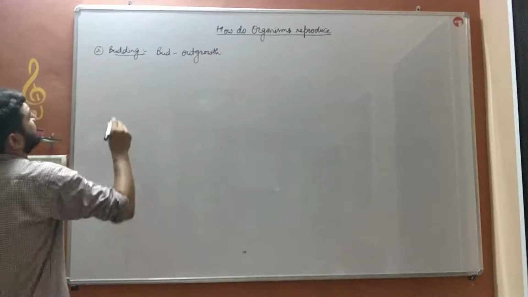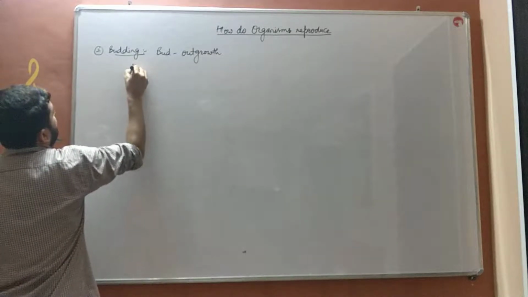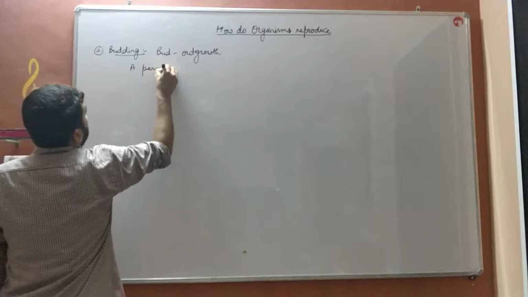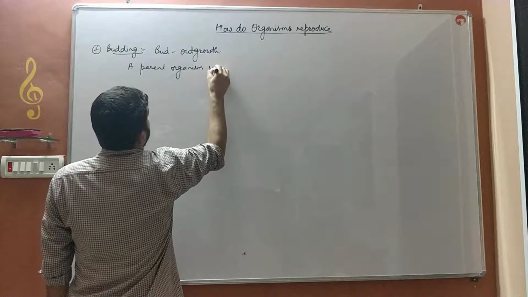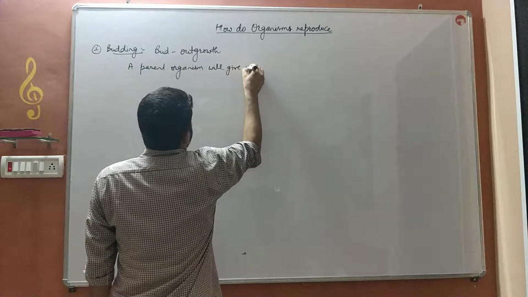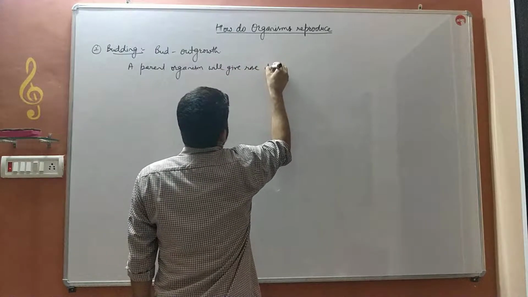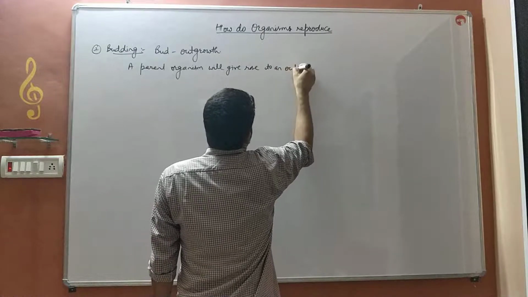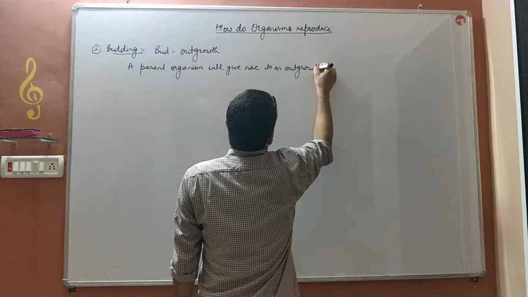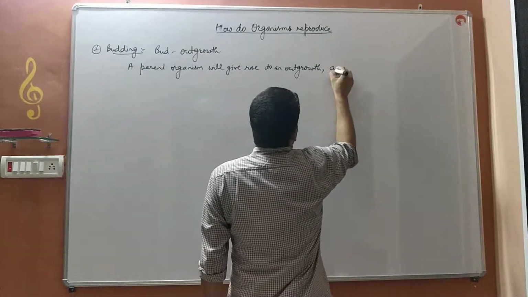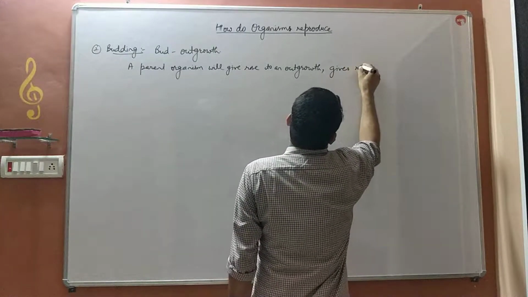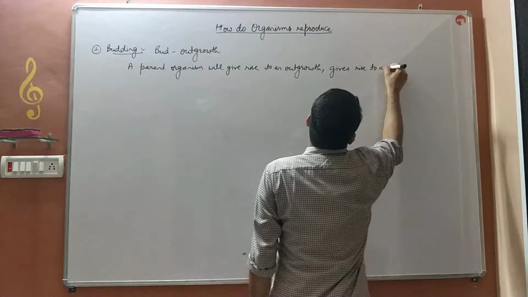It is a mode of asexual reproduction in which a parent organism will give rise to an outgrowth that will detach from the parent and give rise to a young one.